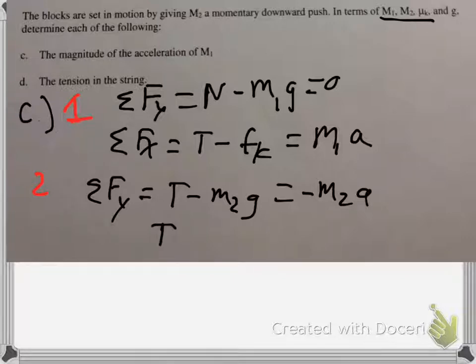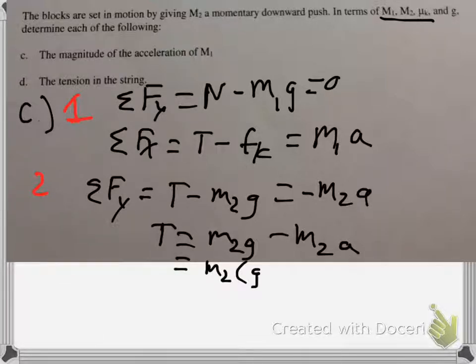So if I add m2g on the other side, I get m2g minus m2a, or m2g minus a.